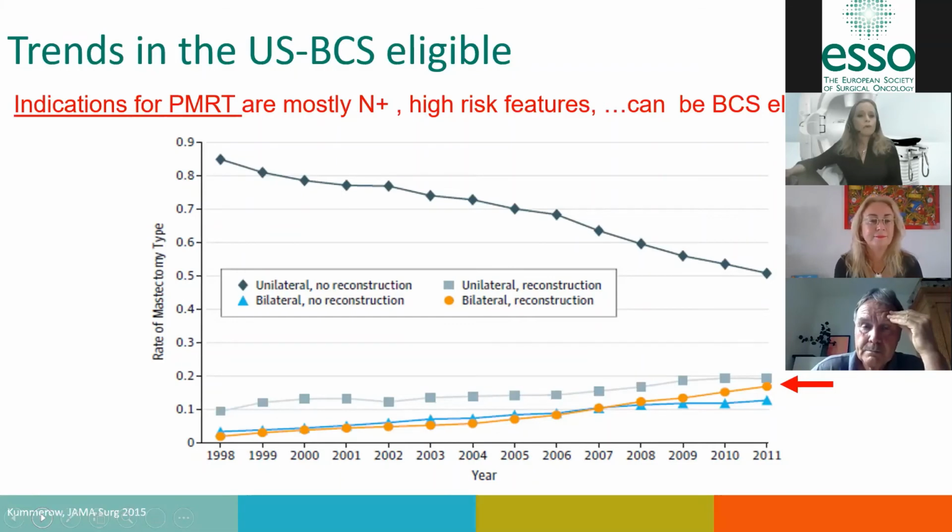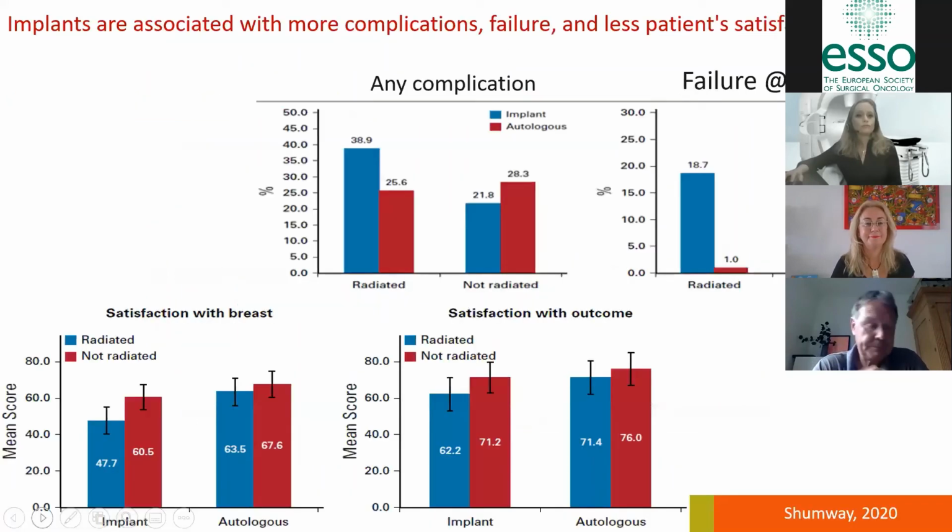And you need to remember that these patients, even though they're eligible for breast conservation, might need post-mastectomy radiation because the indications are mostly node-positive disease, but also high-risk features. And the implants are associated with poor outcome, more complications, more failure, and less satisfaction, especially when associated with radiation therapy, but yet we are seeing an increasing rate of immediate implant-based reconstruction.